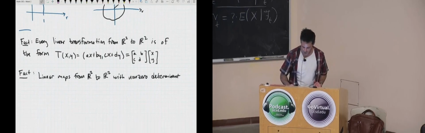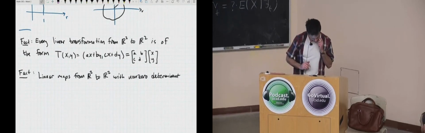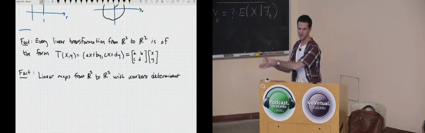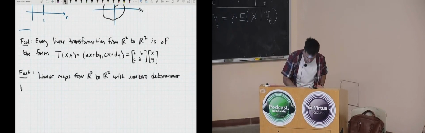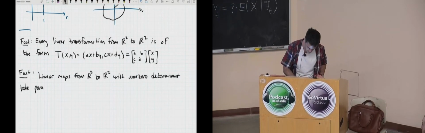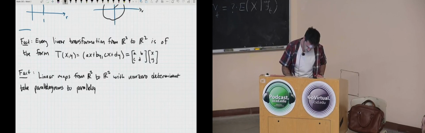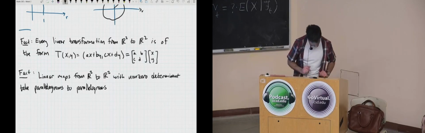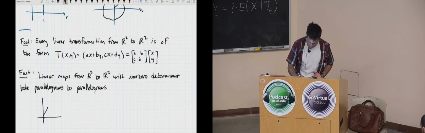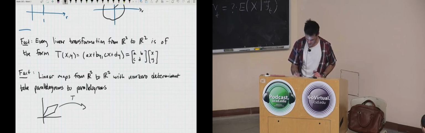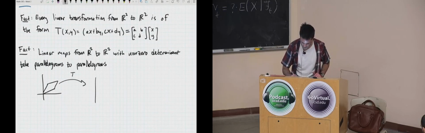If they have non-zero determinant, they take parallelograms to parallelograms. So for example, something like this would get mapped under the transformation to some other parallelogram.